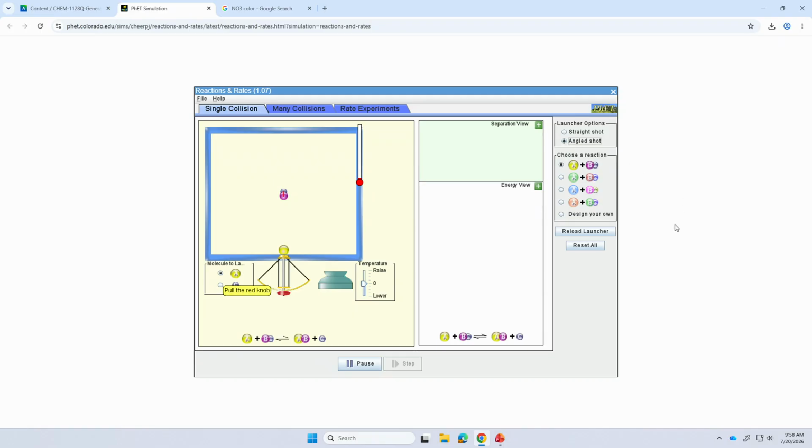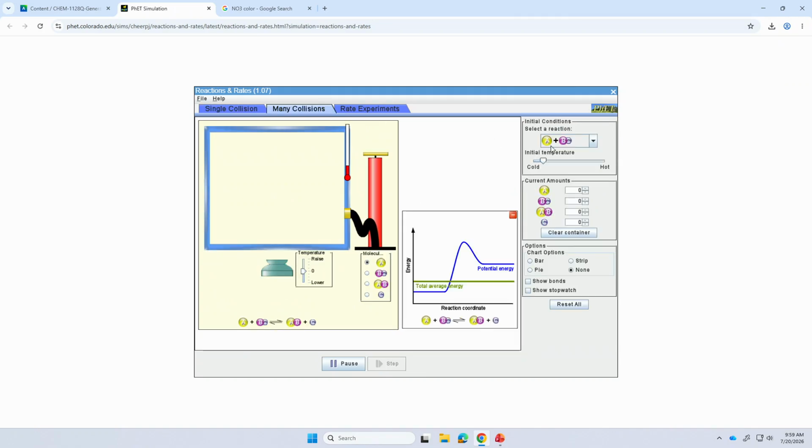I can have an angled shot. Okay, that's what I want. Okay, I'm going to set a certain number of each one of these things.